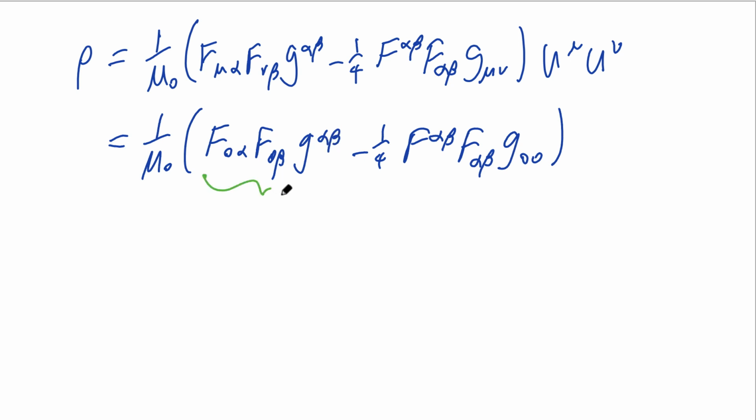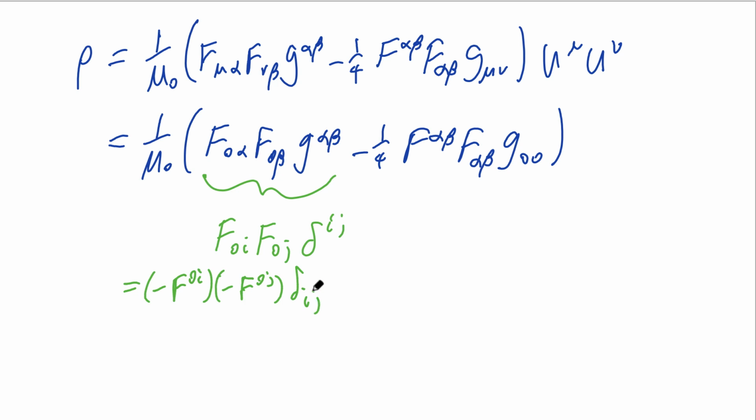So let's look at this term. We have a sum over alpha and beta, but whenever alpha or beta is equal to 0, that term is 0 because, remember, F is antisymmetric. So we have non-zero terms only if alpha and beta are equal to a spatial index, i or j. And remember, the ij part of the Minkowski metric is just Kronecker delta ij. And we can rewrite this as minus F upper 0i times minus F upper 0j times Kronecker delta.